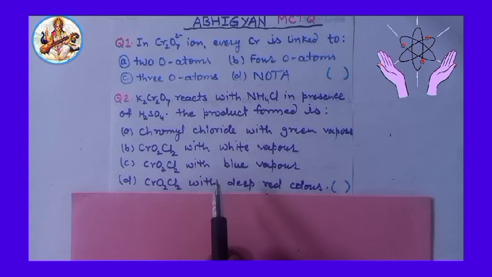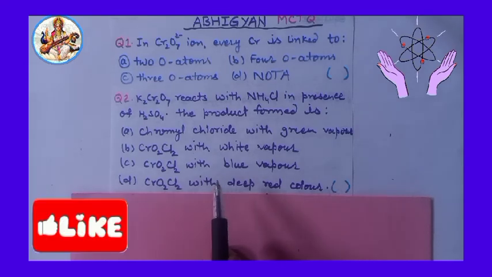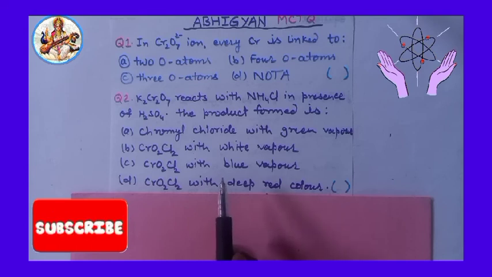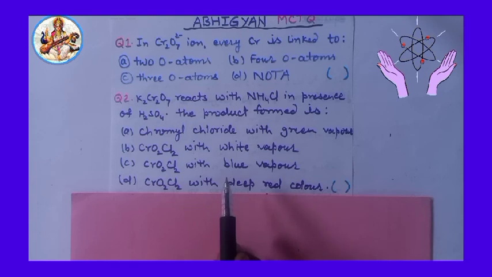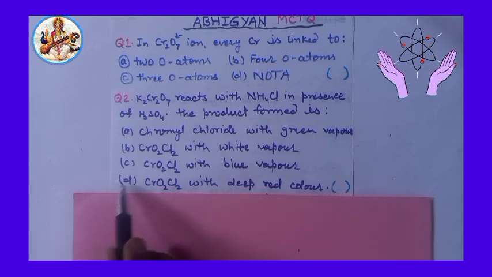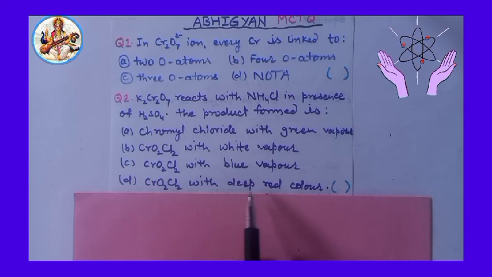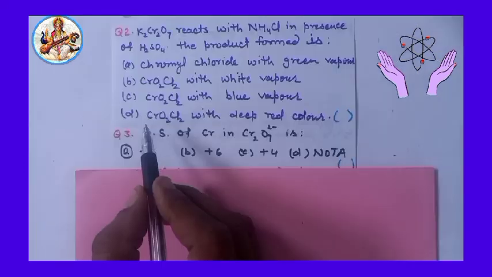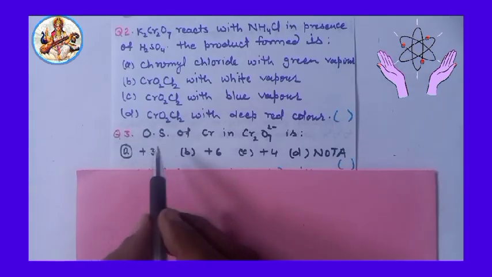We know that in the chromyl chloride test, if any chloride salt is heated with acidified potassium dichromate, it produces orange red or deep red fumes of chromyl chloride. So the answer will be option D, chromyl chloride with deep red color.